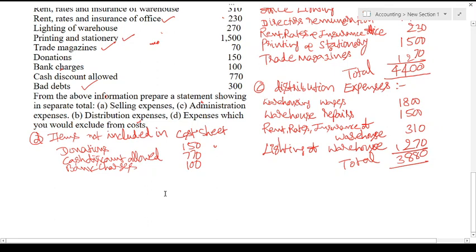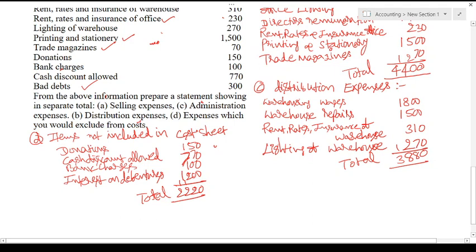Adding up: 150 plus 770 plus 100 plus 1200, it becomes 2220 rupees which are not going to be included into the cost sheet.